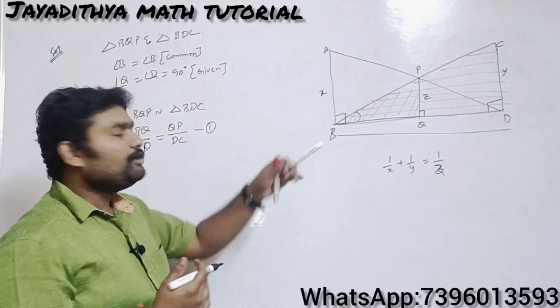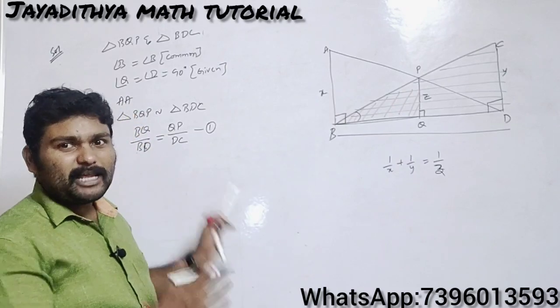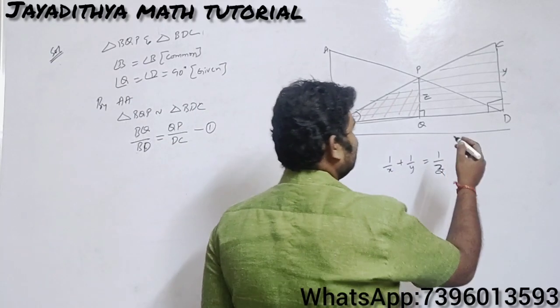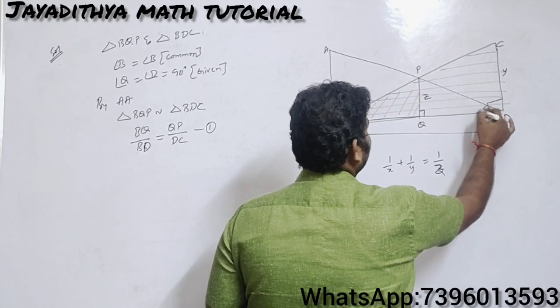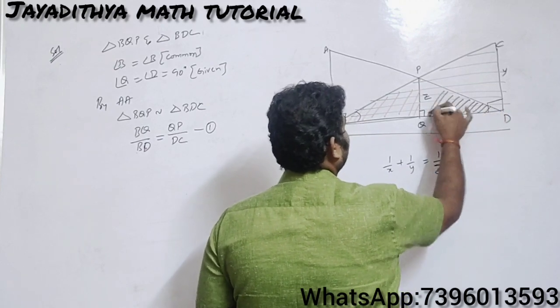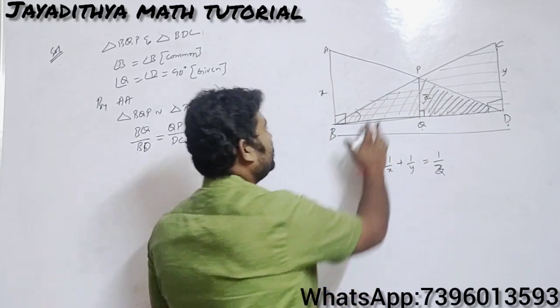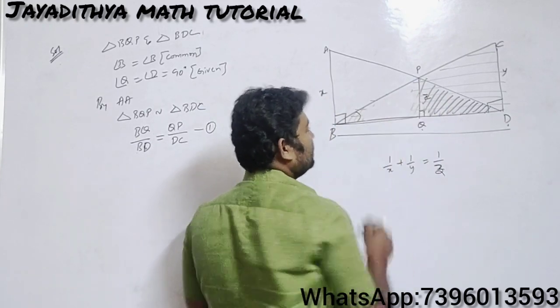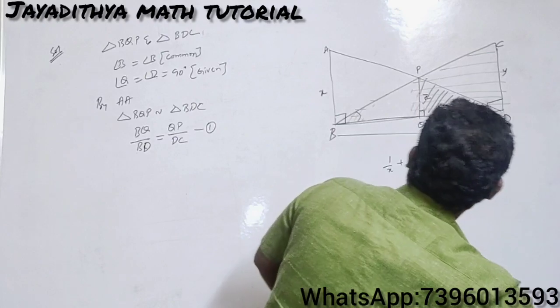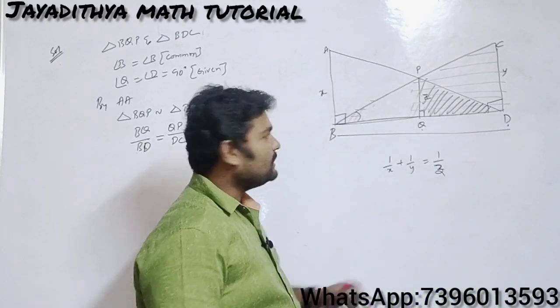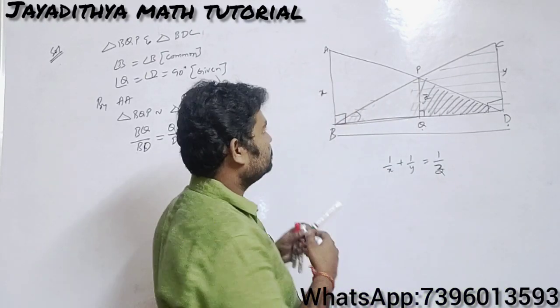Now for the second part, if you take the triangles in a similar manner, I am taking the first triangle as DQP. This is the one triangle I will be taking, and I need one more triangle. For that reason I will be taking DBA.